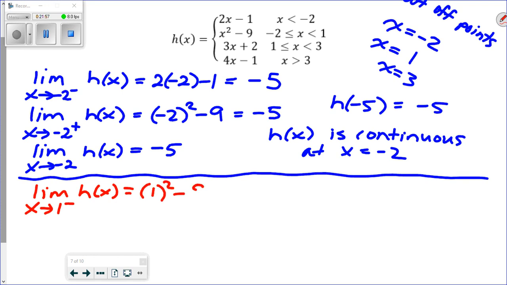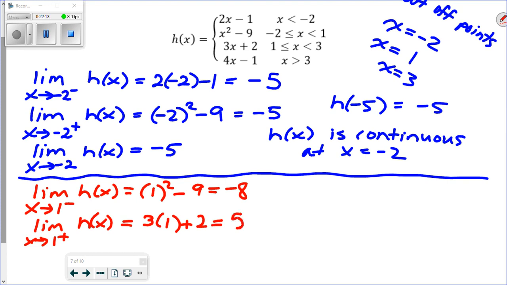So 1 squared minus 9 equals -8. Okay, evaluate the limit as x approaches 1 from the right, which means we're going to plug into 3x plus 2, which equals 5, which tells me the limit as x approaches 1 does not exist, and I also know that there is a jump discontinuity at x equals 1.